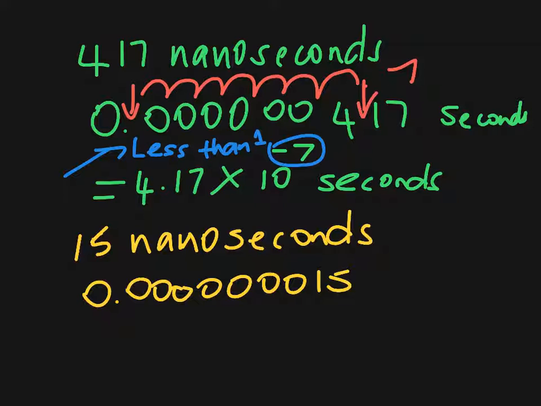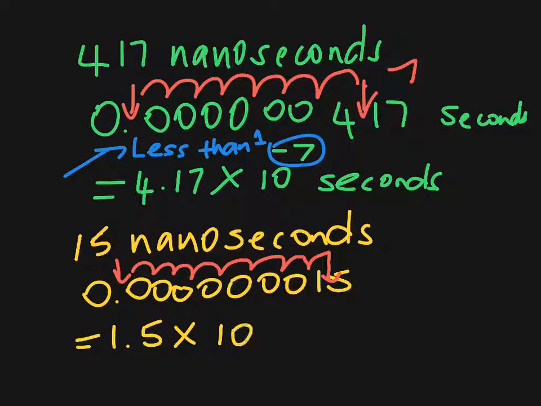Okay. We want to move this to here. 1, 2, 3, 4, 5, 6, 7, 8. So it would be written as 1.5 multiplied by 10 to the power of -8, and this would be in seconds.